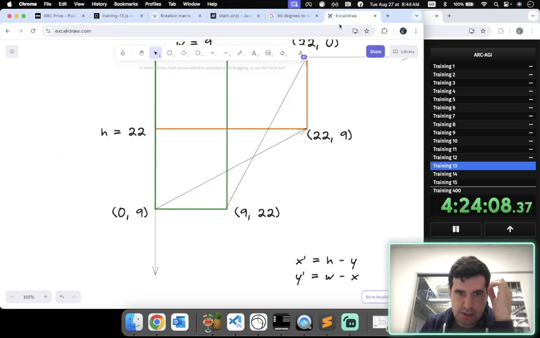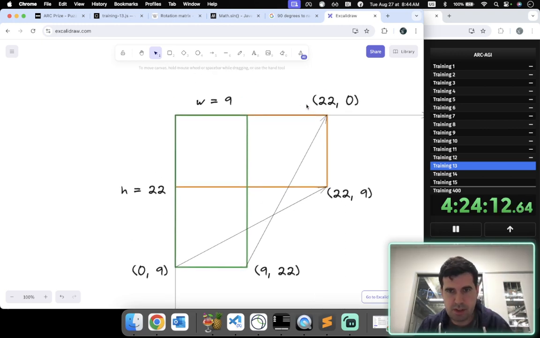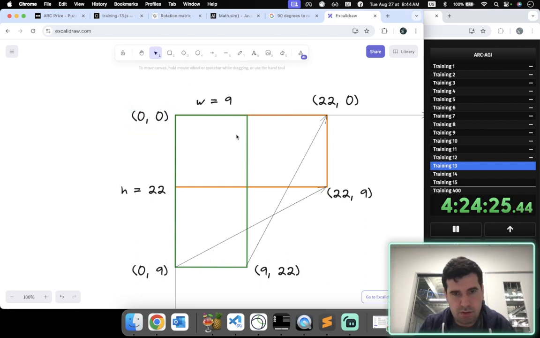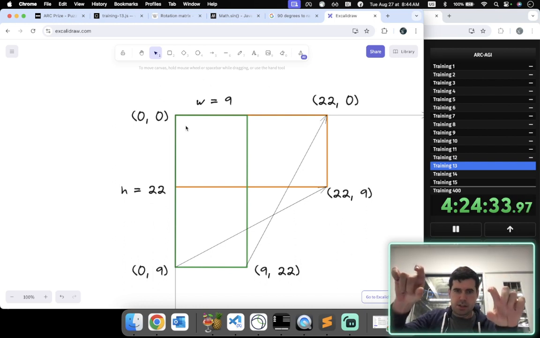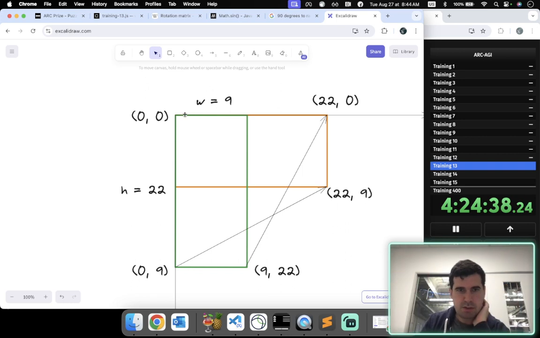Is this correct? So we said 0, 0, so this point on the green one. If we rotate it, it should be this one.